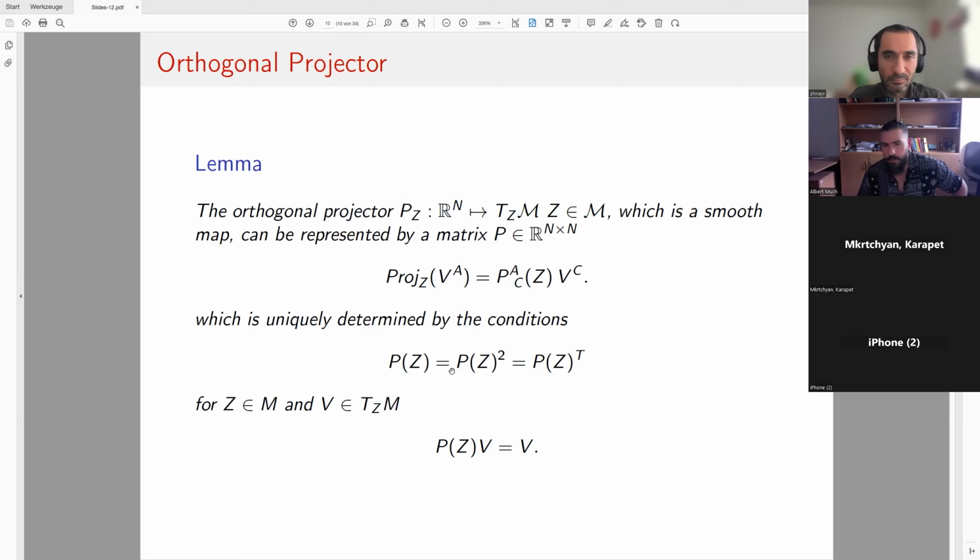It is a projector, so P squared is equal to P, and it is self-adjoint, of course. Projectors are self-adjoint operators because they just have eigenvalues 0 and 1. And if v is already a tangent vector, in this tangent space, then P times v is v, so it leaves that invariant.